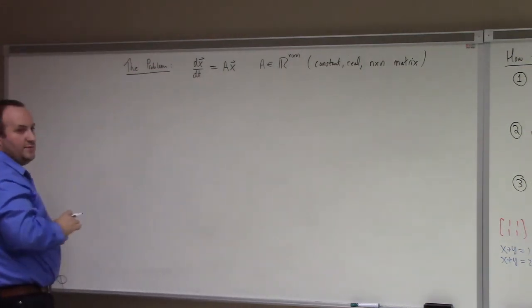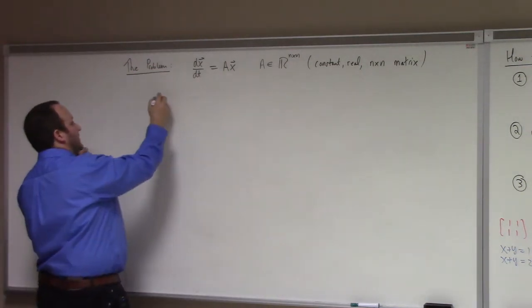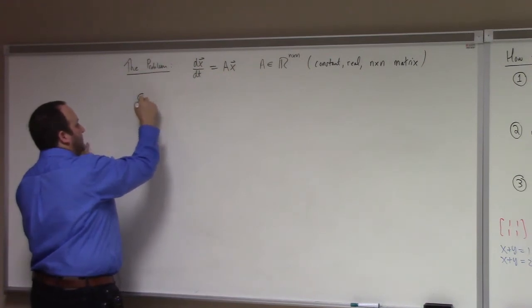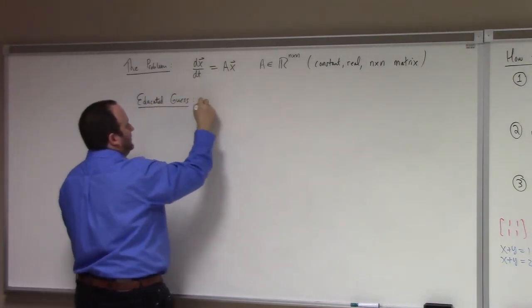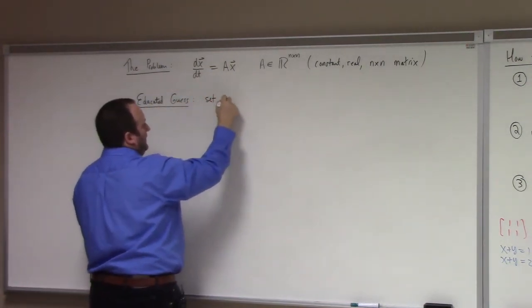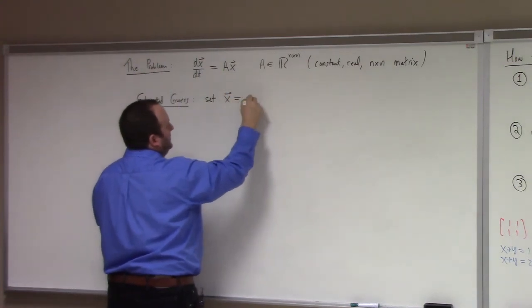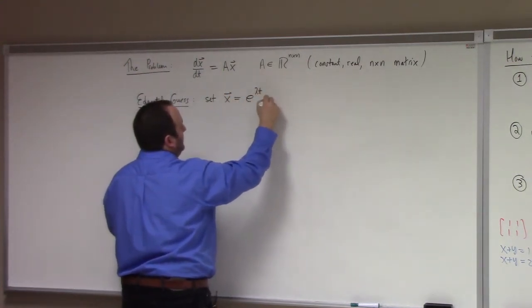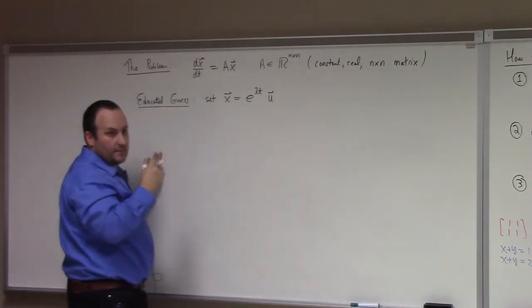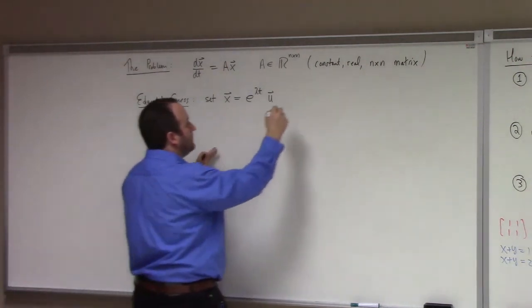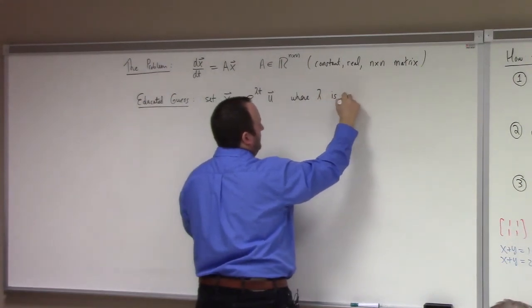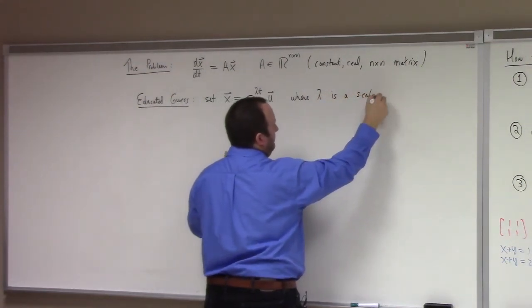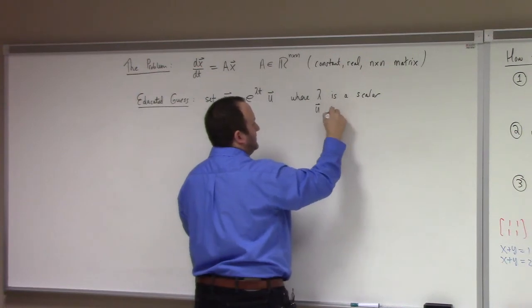So how can we solve that? Here's my educated guess. Let's set x equal to e^(λt) u, where λ is a scalar, a number, and u is a constant vector.